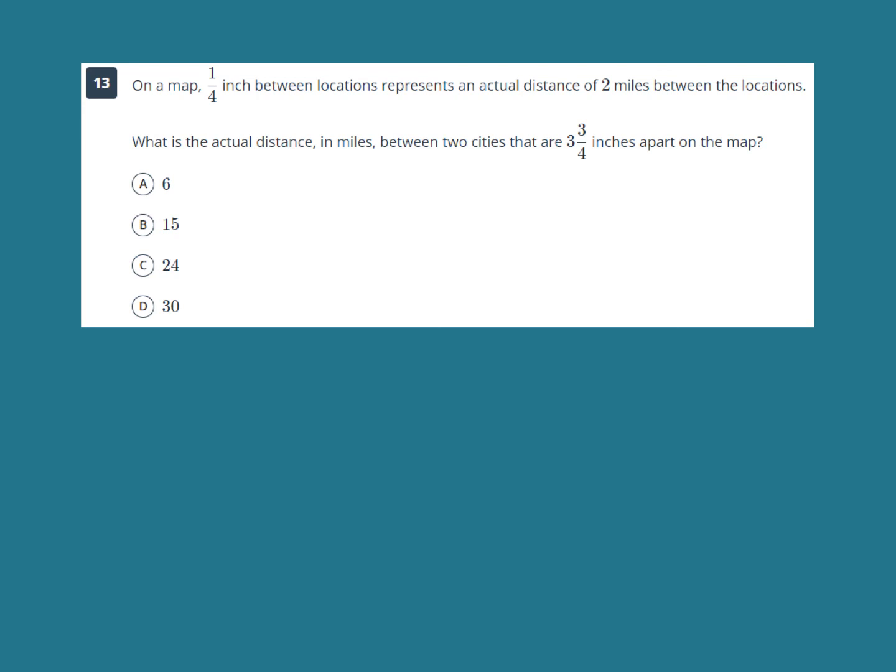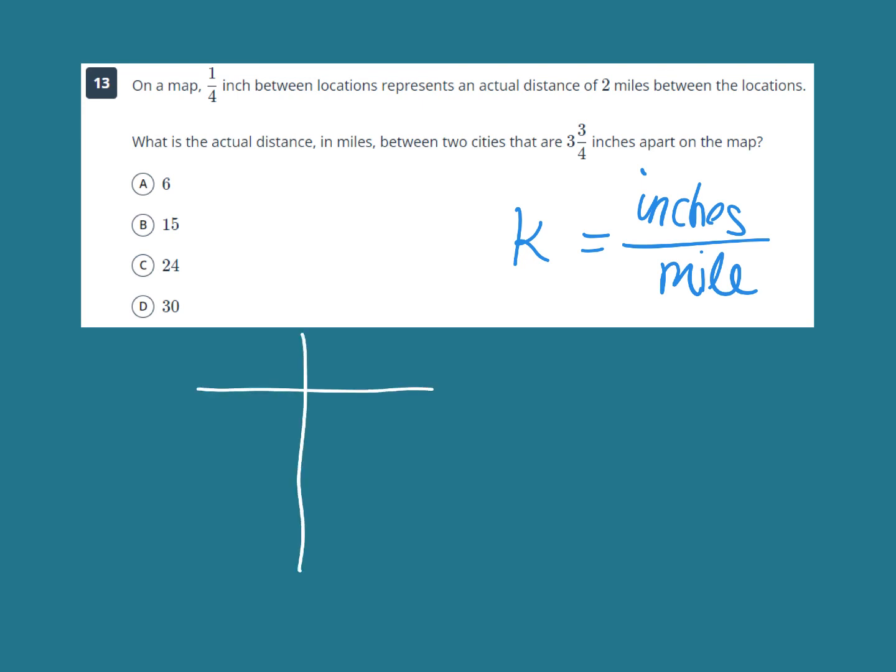They've given it to us as inches per mile is equal to K. So when I set up my beautiful, wonderful XY chart, my X is going to be my miles.